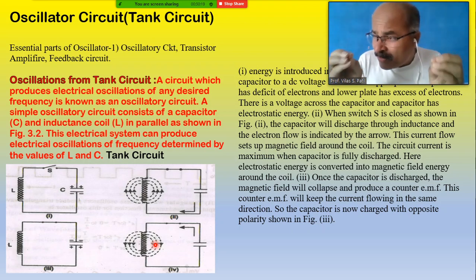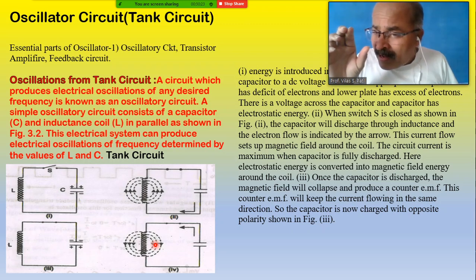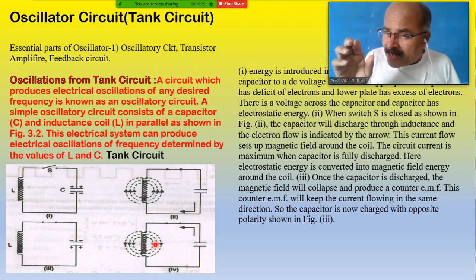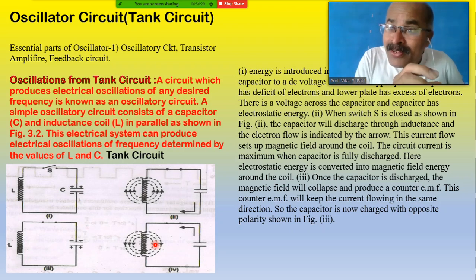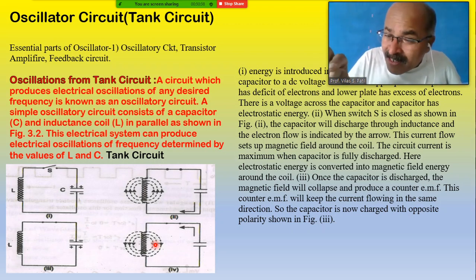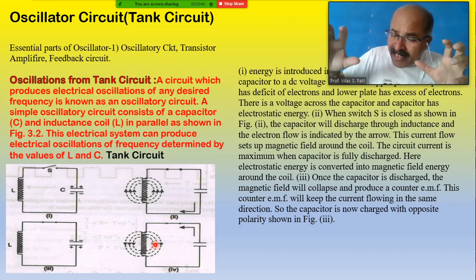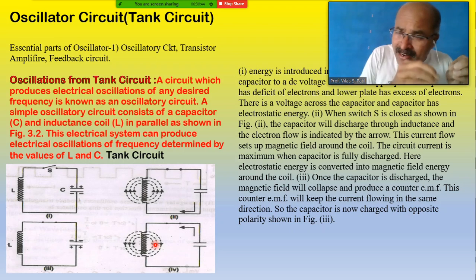How does the interconversion of energy take place? The electrostatic energy across the capacitor is converted into magnetostatic energy across the inductance. Again, the magnetostatic energy across the inductance is converted into electrostatic energy across the capacitor. It means the capacitor charges and discharges through the inductance.